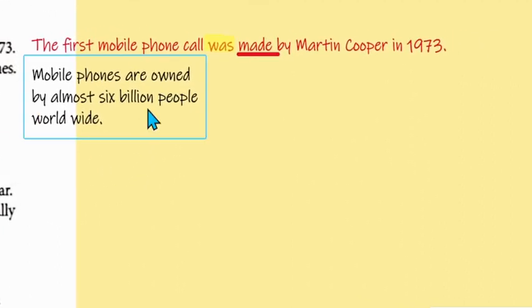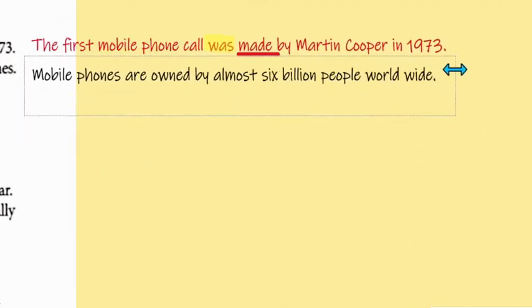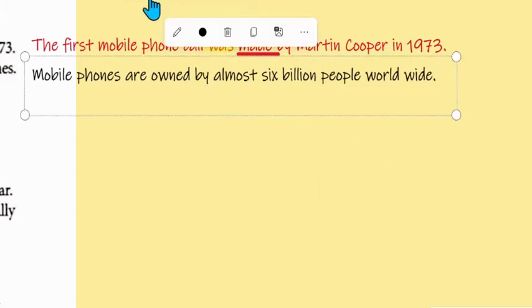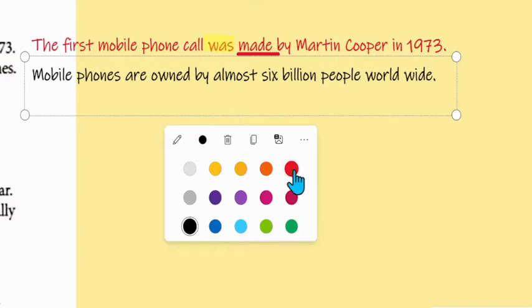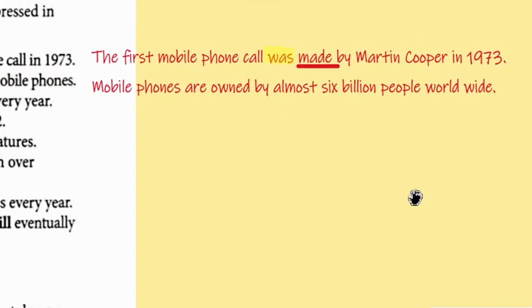So this is another passive voice. Mobile phones are owned by almost 6 billion people worldwide. Again, there is the to be of the present, and there is the verb 3.